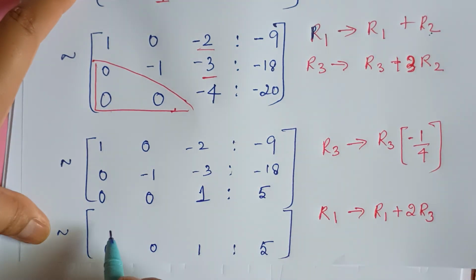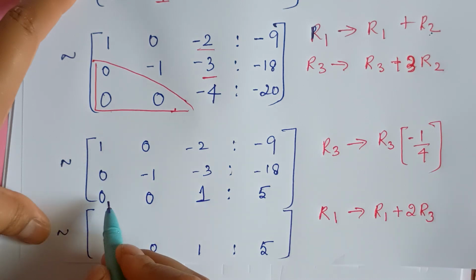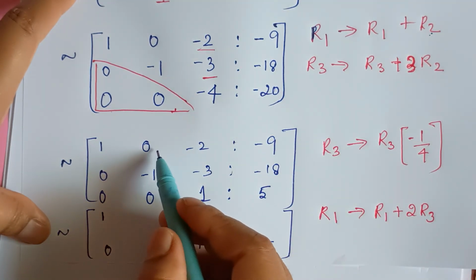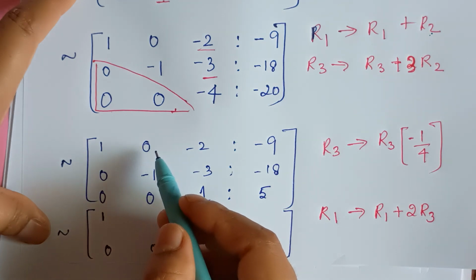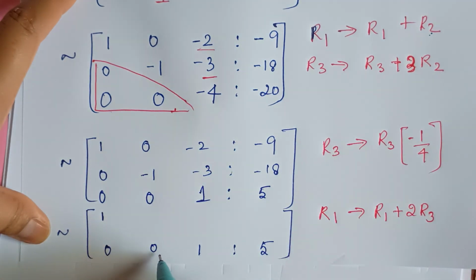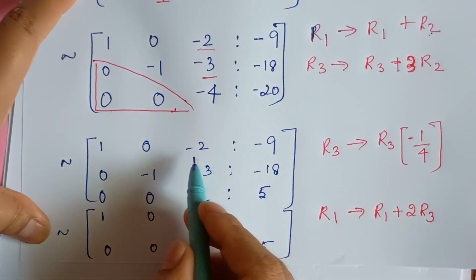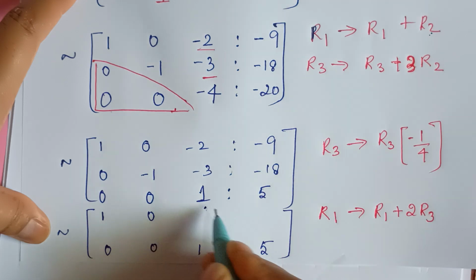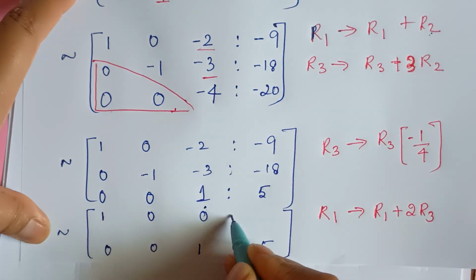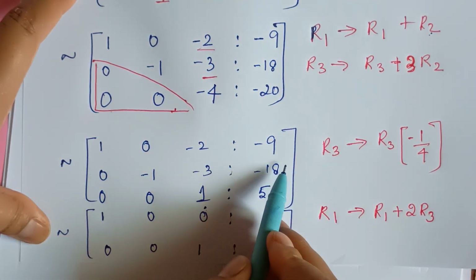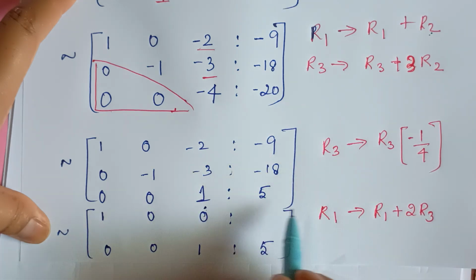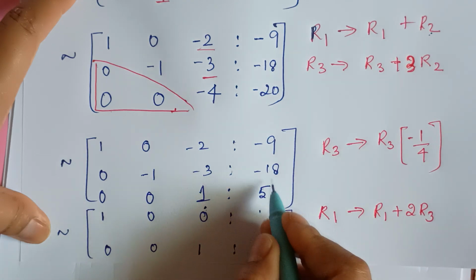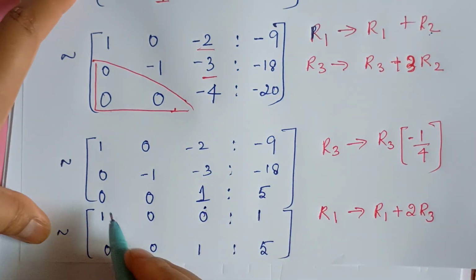That is, if you see row 1, 1 plus 0, it is going to be 1 only. 0 plus 0, it is going to be 0 only. Minus 2 plus 2 times row 3, this is going to give me 0. Minus 9 plus 2 times 10, that is going to give me minus 9 plus 10, 1 only.